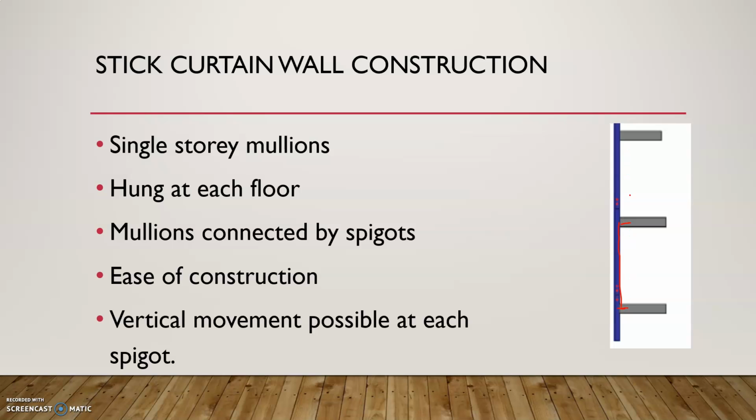So to connect another mullion from this floor to that floor, you have to put a spigot connection between these two mullions. And obviously this is easy to construct. Vertical movement is possible at each spigot.